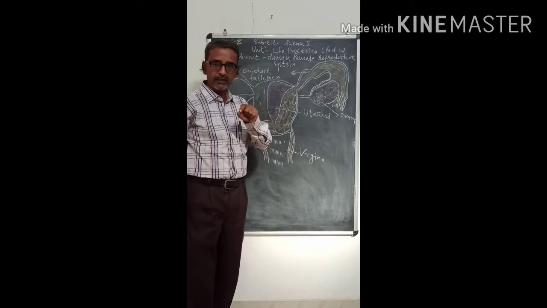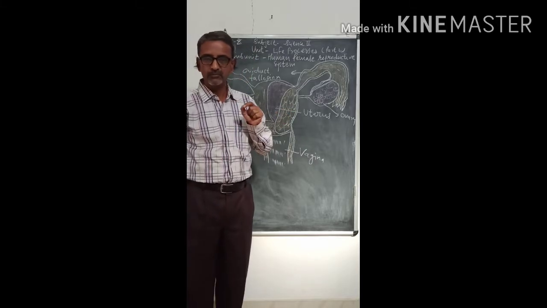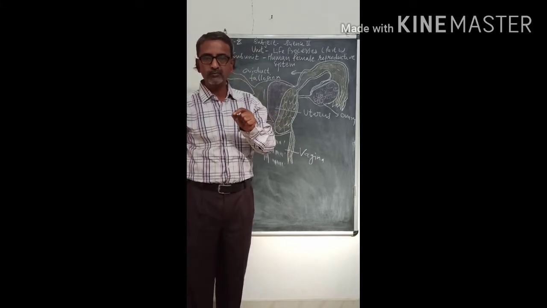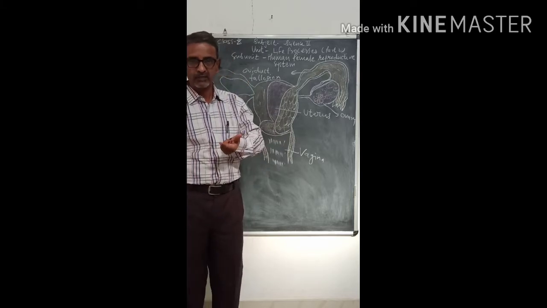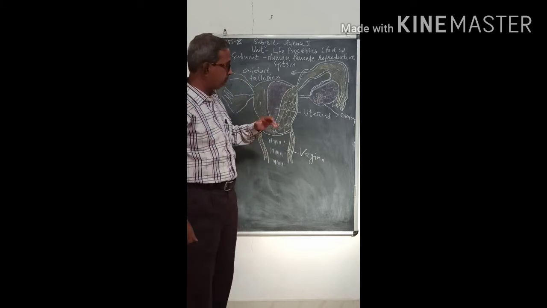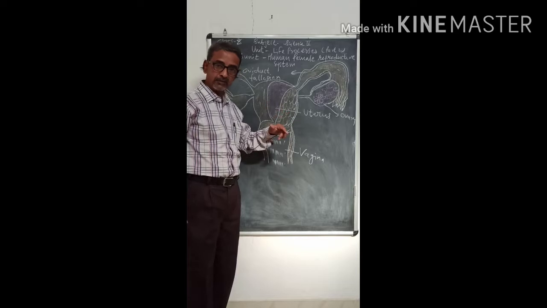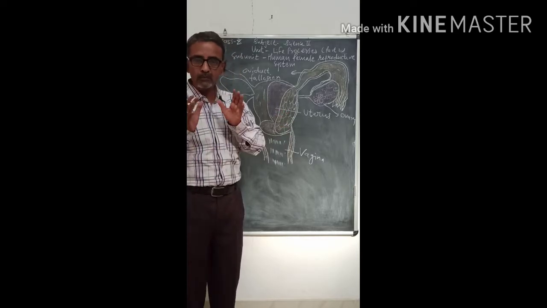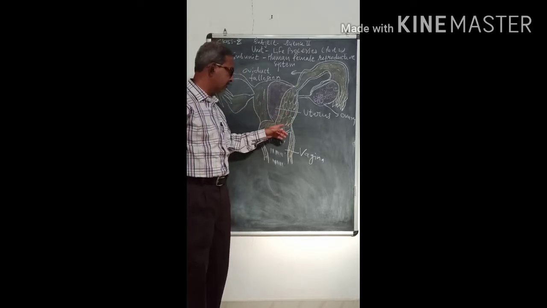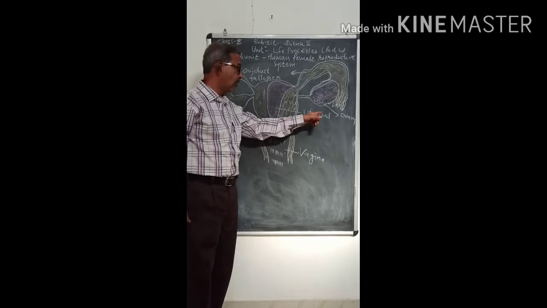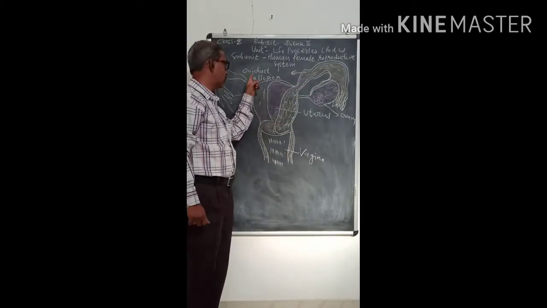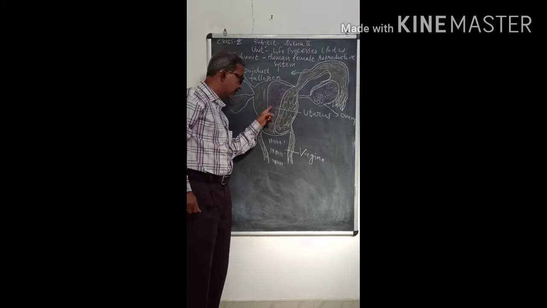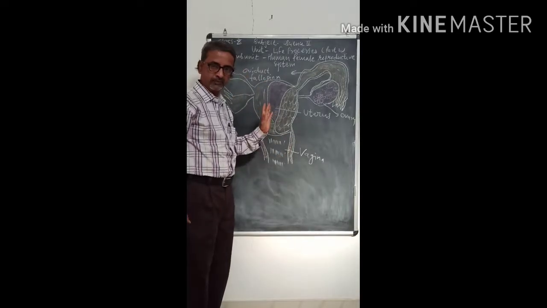We have seen yesterday in the male reproductive system, the scrotum is present outside the abdominal cavity in males, and other parts are present inside the abdominal cavity. But in females, all parts are present inside the abdominal cavity. All means the pair of ovaries, pair of oviducts or fallopian tubes, then uterus and vagina.